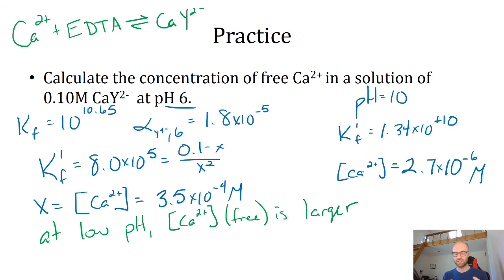That would decrease the ability of Y4 minus and free calcium ion to rebind and contribute back to that equilibrium. So in a way, by lowering the pH, we're removing Y4 minuses. This would create more free EDTA and more free calcium ion, which backs up what we see here.